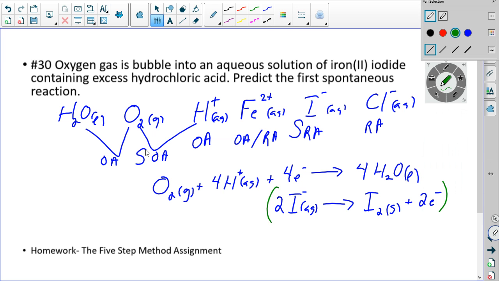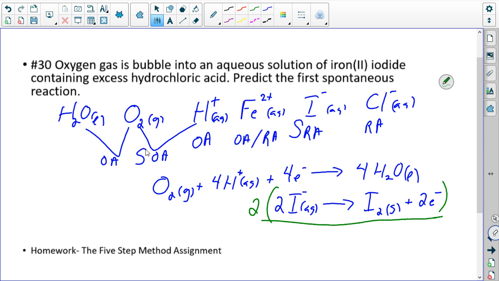I need to balance off my electrons gained by having 4 of the iodides, I should say.